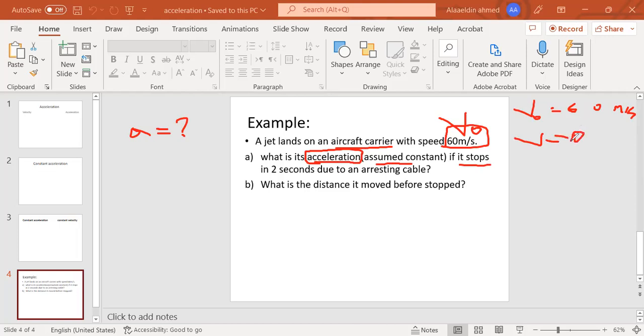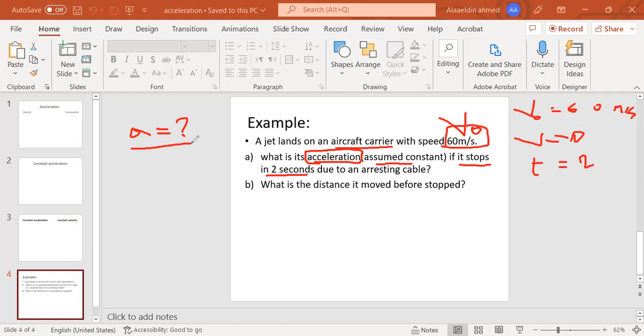V final equals 0, since the aeroplane is stopped at the end of the journey. Stopped in 2 seconds, so the time is known. Time equals 2 seconds.